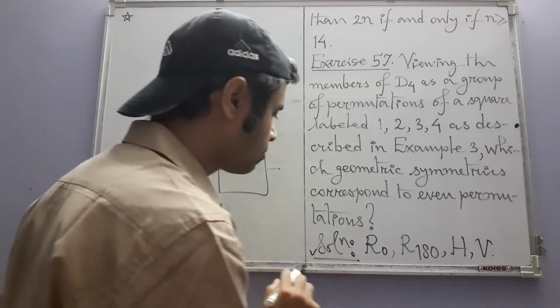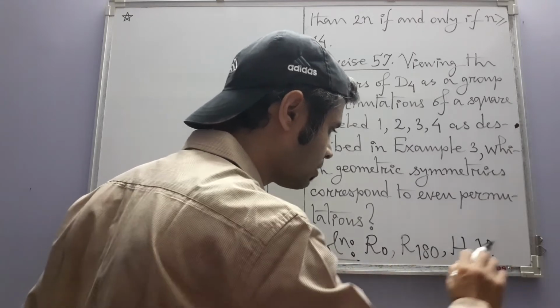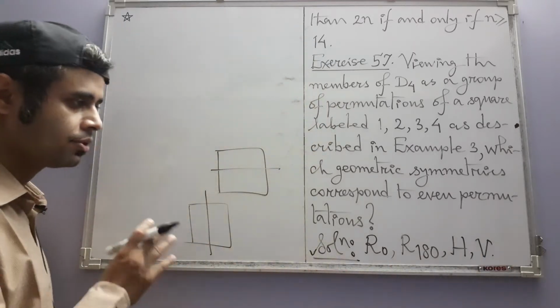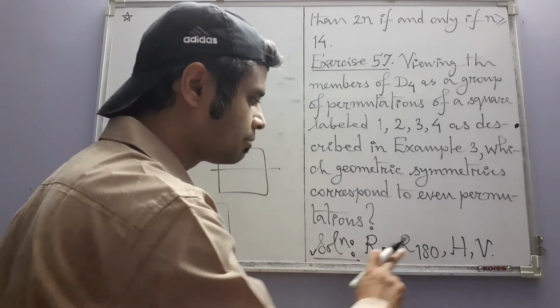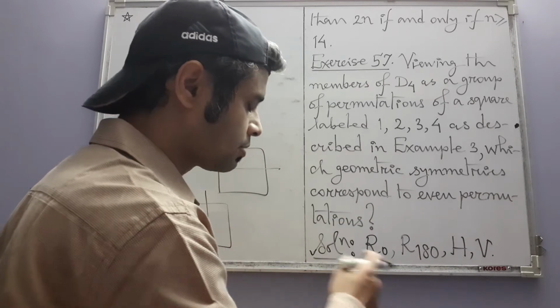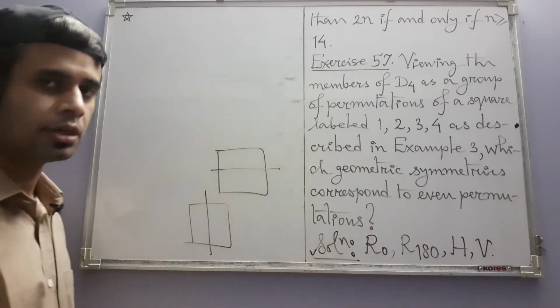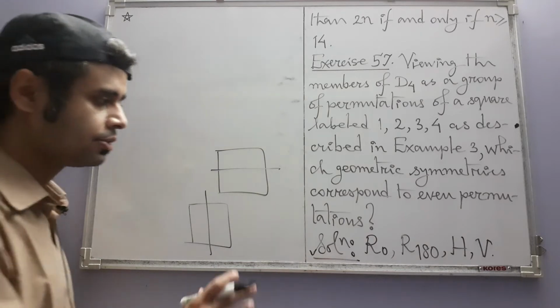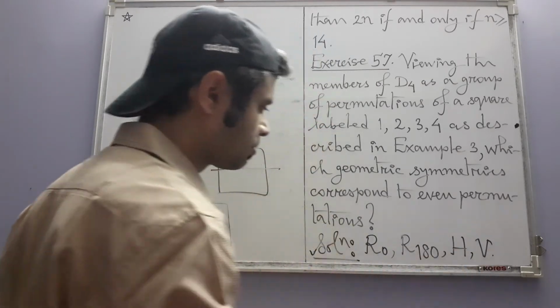But you note one thing, that this solution, if you just simply write like this, is not enough. You have to really say what the corresponding permutations are, and exactly how they are even. So that you have to show, and you have to also nicely write the complete solution.